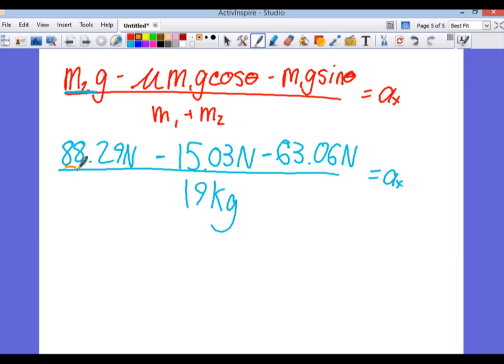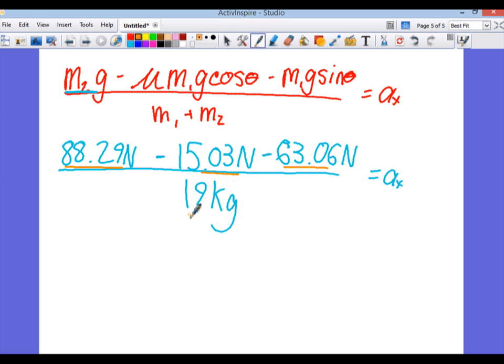Alright, so this part right here represents mass 2, the mass that's causing our motion. This is our friction fighting us, and this is what mass 1 wants to do. And all of these forces get divided by the total mass to give me my acceleration.